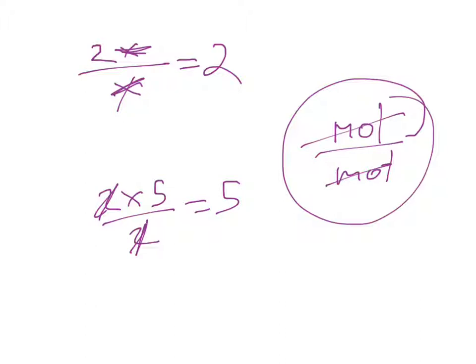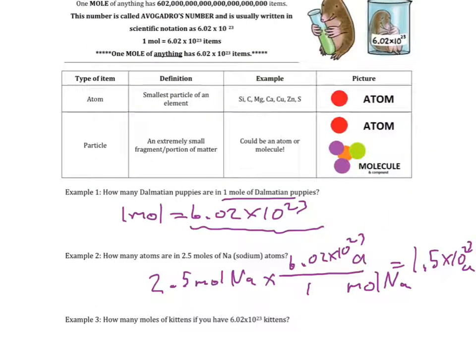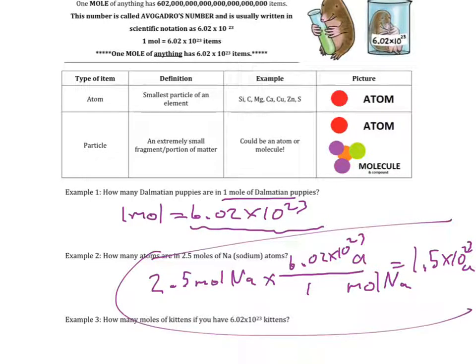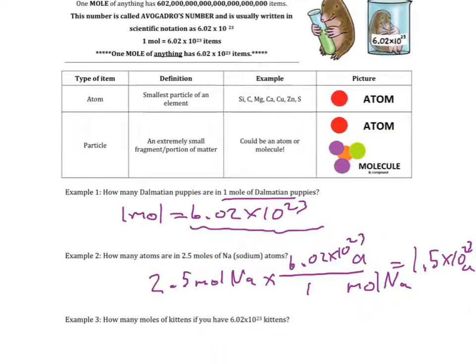And so let's go back and look at the problem we just did to see what's going on. If you take a look at this problem right here, notice how we have moles on the top here and moles on the bottom. And what ends up happening is they cancel out. So when we have 1 unit on the top and 1 unit on the bottom, they cancel out.